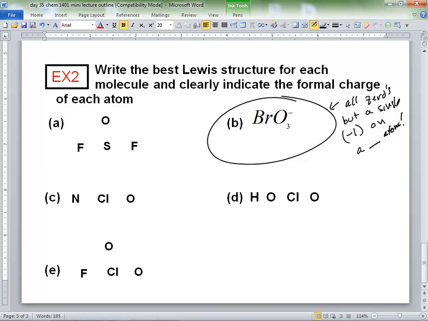Oxygen is. So the best possible answer you can get, if you can get there, is zeros on everything, but on a single oxygen, a -1 formal charge. So that's the game we're playing.